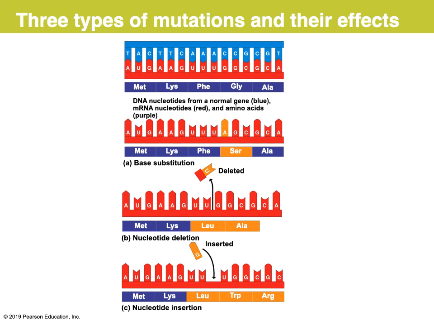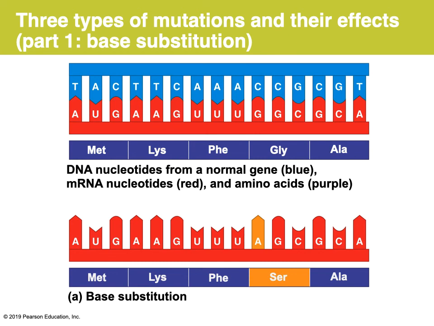Let's start with base substitution. Right? So in this particular case, the first three codons are normal. Right? You see that they both code for methionine, lysine, and phenylalanine. But the fourth codon, you see that you're changing from glycine to serine, right?